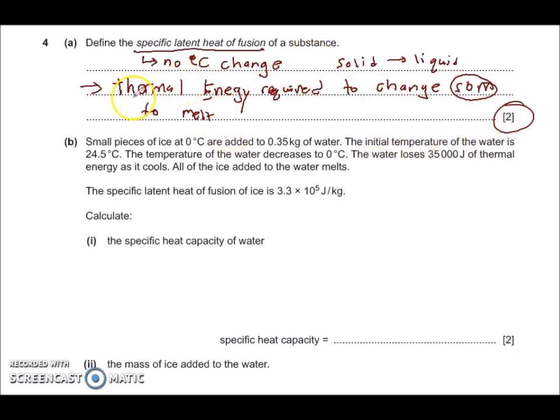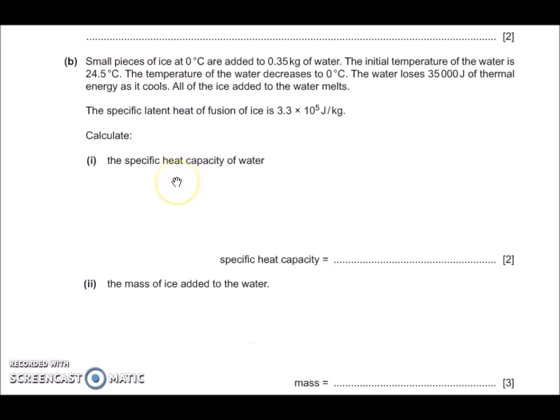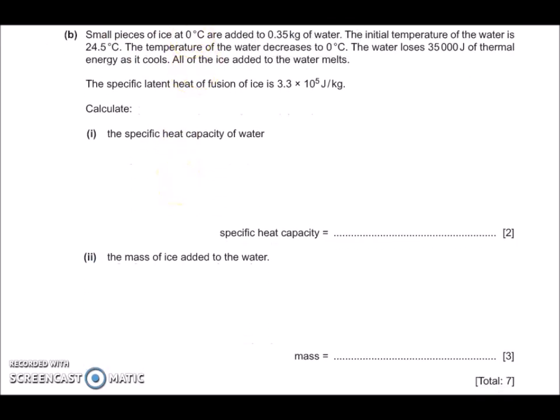Okay, so now we will go to the calculation questions for B. Okay, now let us move on with 4B here. So here you'll be getting a small piece of ice, 0 degrees Celsius, added to 0.35.